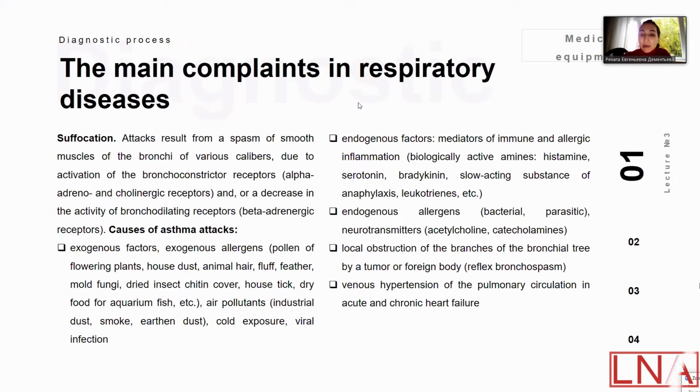Next, local obstruction of the branches of the bronchial tree by a tumor or foreign body, developing reflex bronchospasm, can be a cause of suffocation. And venous hypertension of the pulmonary circulation in acute and chronic heart failure. Maybe it's not the most popular, but it's one of the most important causes of development of suffocation. So, causes of asthmatic suffocation or dyspnea. In fact, suffocation is also dyspnea.